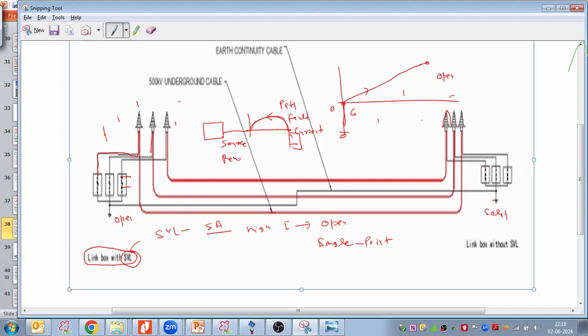Ultimately we are able to reduce the ground potential rise of this substation, this plant. We get this through solid bonding.